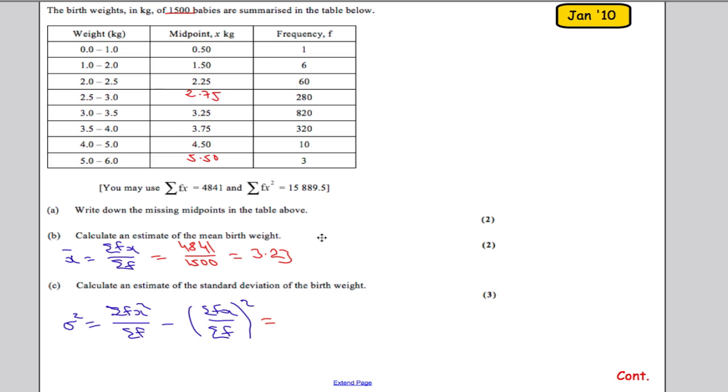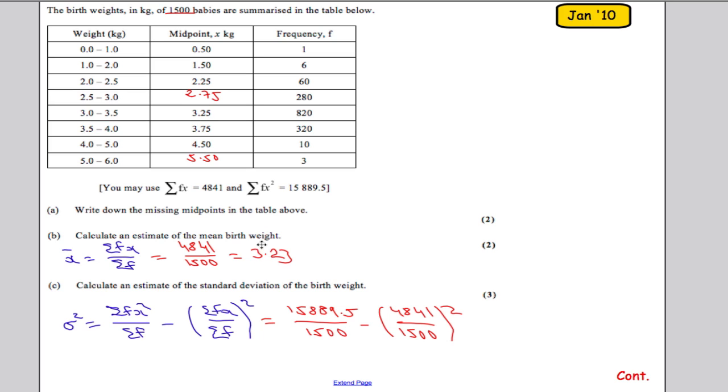So sum of fx squared is 15889.5 over 1500 minus the square of the mean, 4841 over 1500, to be squared.